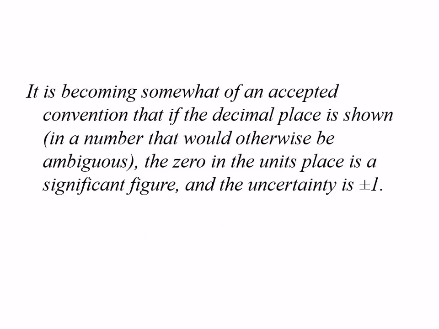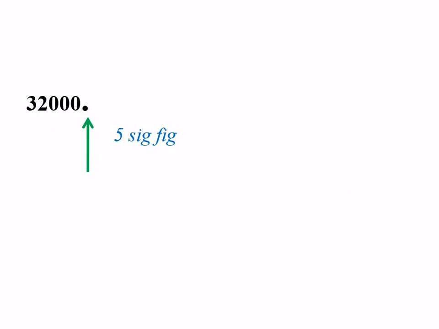In general, and I'll show you how you can get around this, if you have a number like 32,000, we just assume it's the fewest number of significant digits possible, which is 2. We assume the uncertainty begins in the thousands place. Similarly, the convention is, if somebody really cares, this decimal turned from implied to explicit.